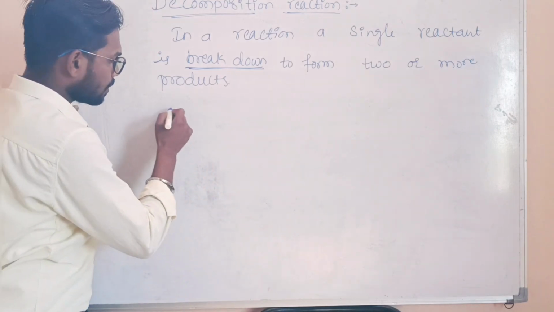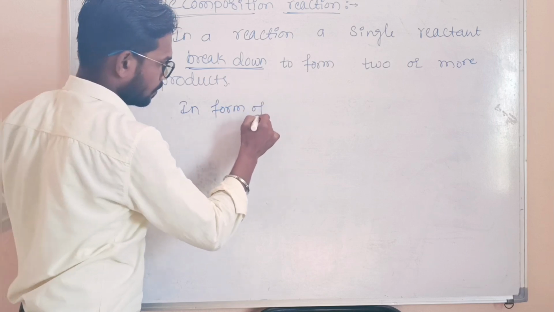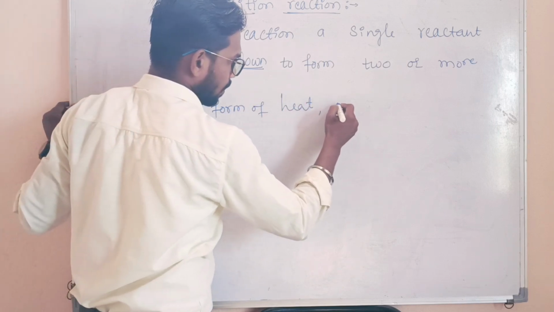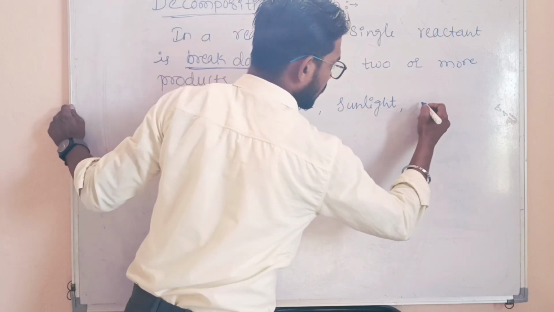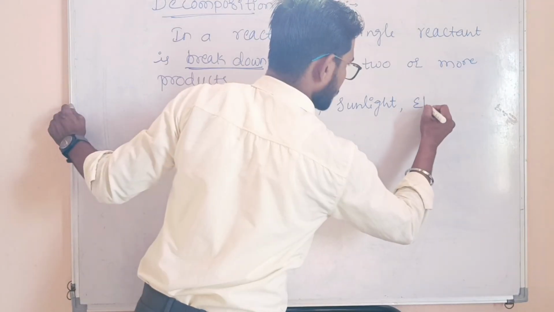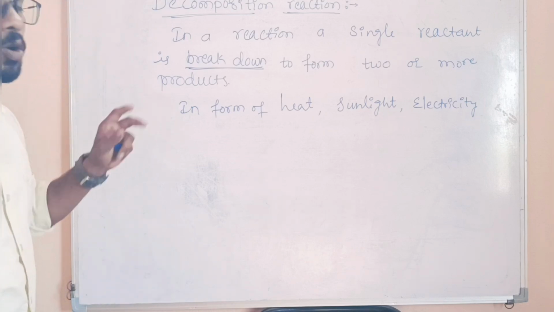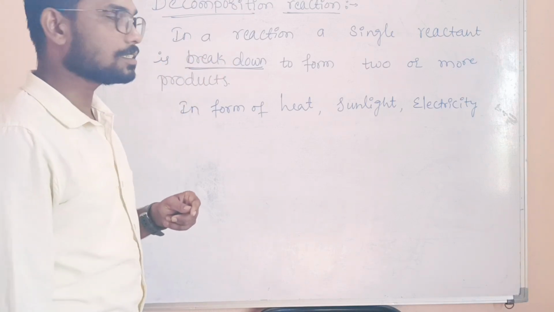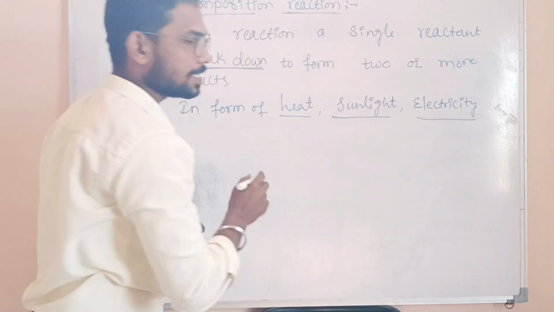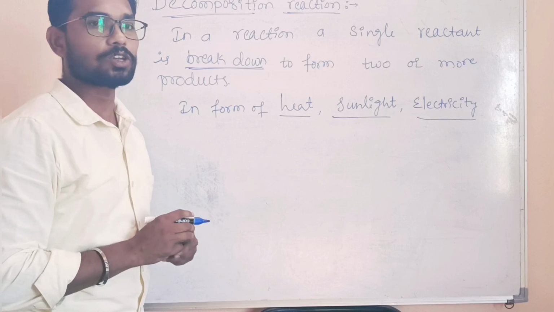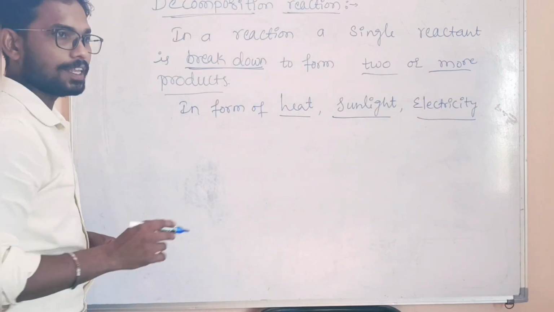It is in the form of heat, sunlight, or electricity. By the help of heat, sunlight or electricity, the reactants break down to form two or more products on the right hand side.